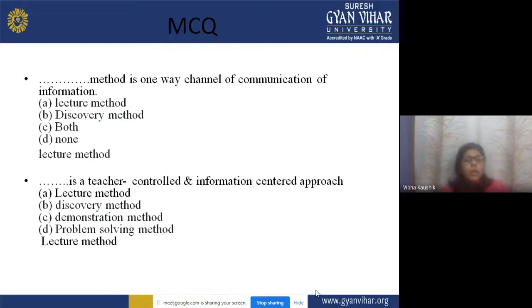Now the options are A. Lecture method, B. Discovery method, C. Demonstration method, or D. Problem solving method. Now these are the options and you have to select the correct one, and the correct answer is option A, that is lecture method.